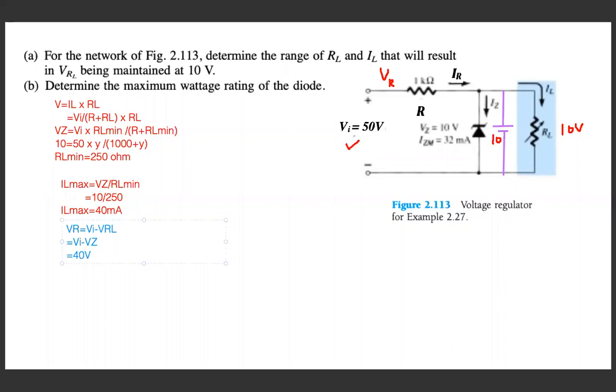Now if VR is 40 volt, then what will be the value of IR? Sir, VR by R. Yes, IR will be simply equal to VR divided by R. So that will become 40 divided by 1000.